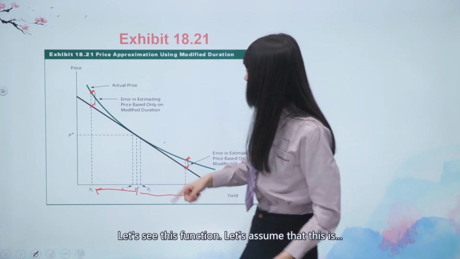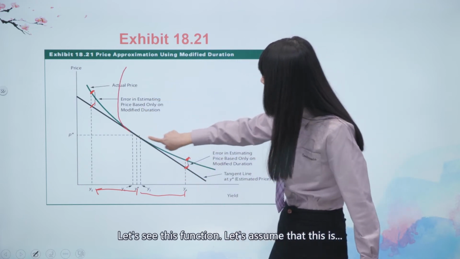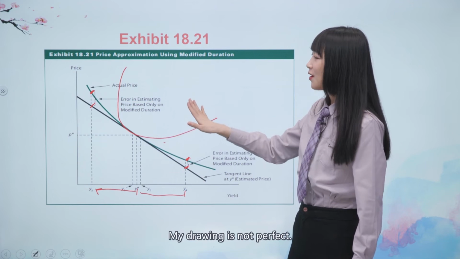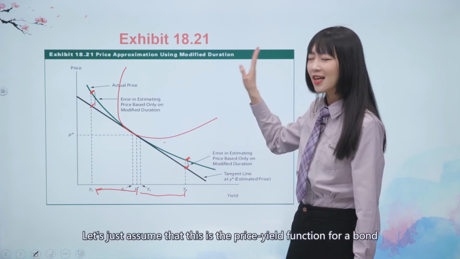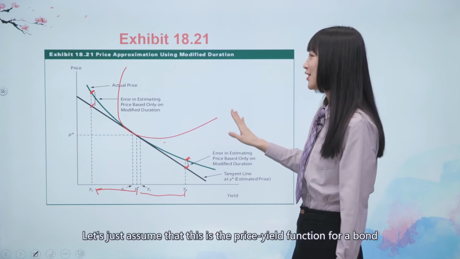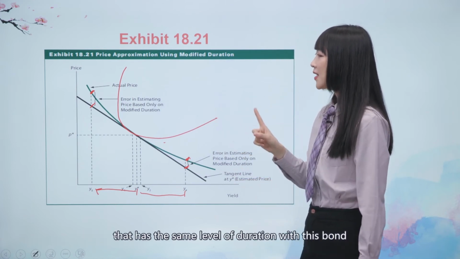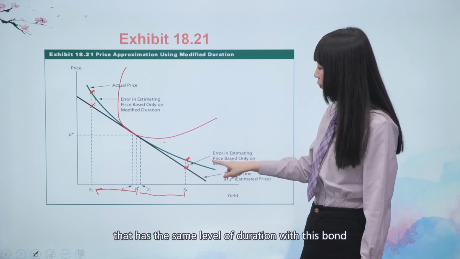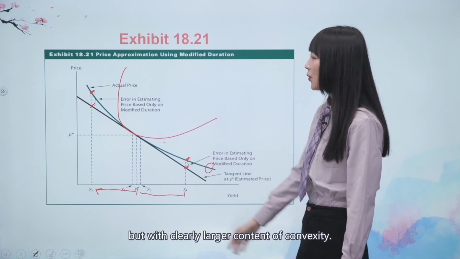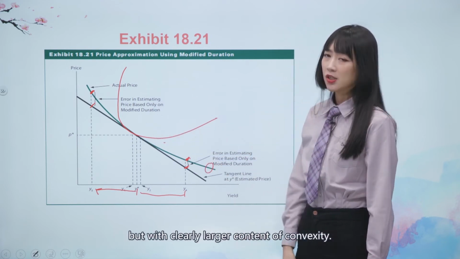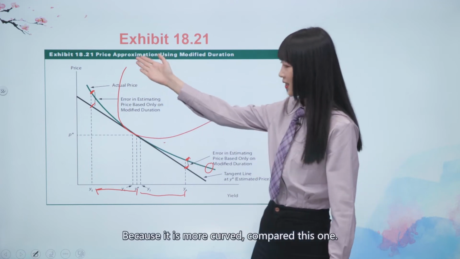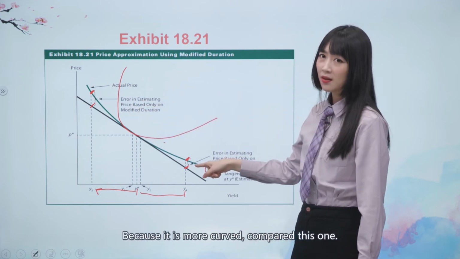Let's see this function. Let's assume that, my drawing is not perfect, this is the price yield function for a bond that has the same level of duration as this bond, but with clearly larger convexity because it is more curved compared to this one, right?